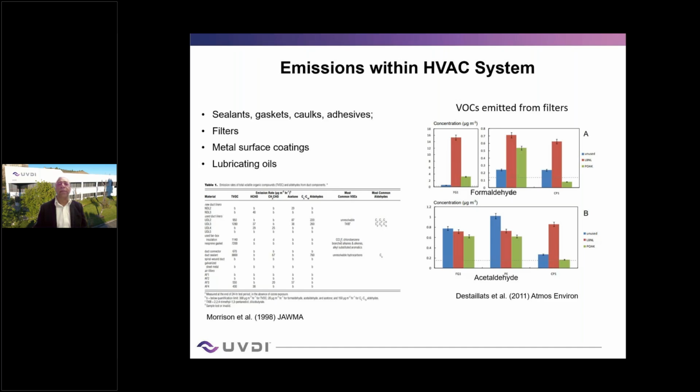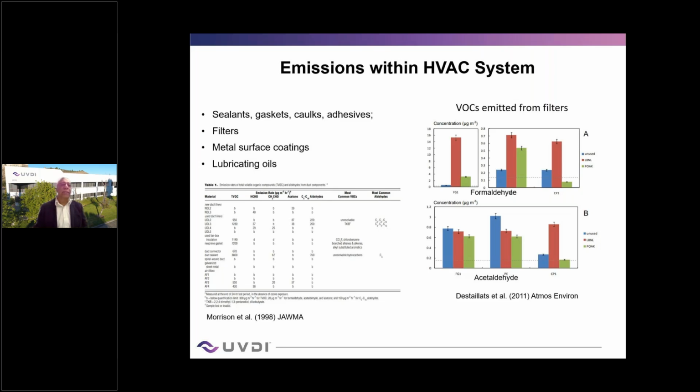So what you see here is a graph where it shows that there were some filters which emit formaldehyde and some filters which show acetaldehyde. Some of them are fiberglass based, which have thermosetting resins and other chemical compounds and binders. And then there are some polyesters, cotton polyesters, and they have tackifiers. So all these things can also emit VOCs.